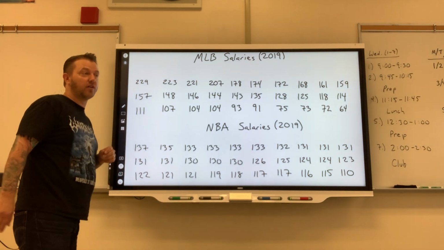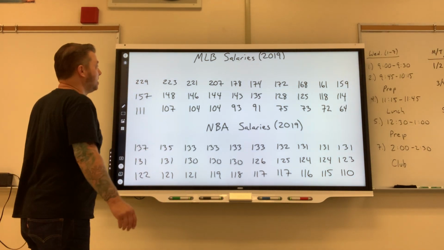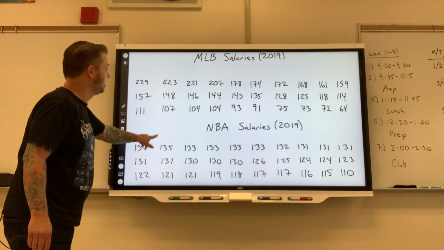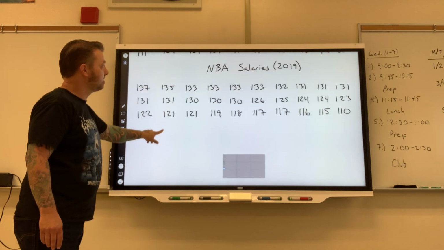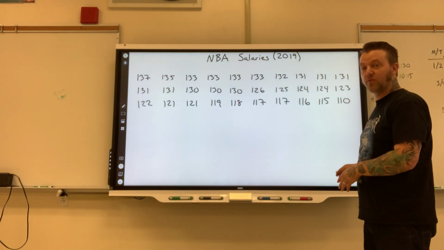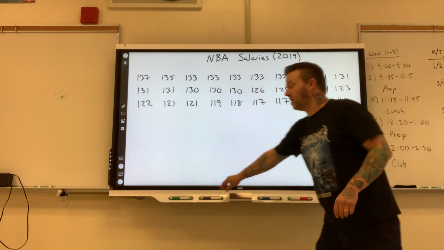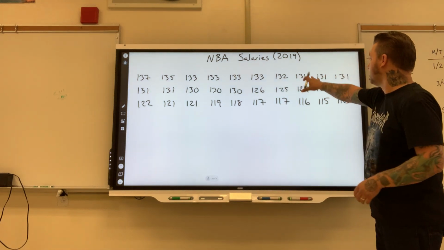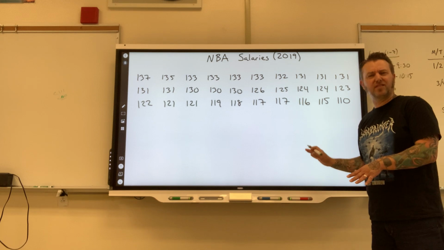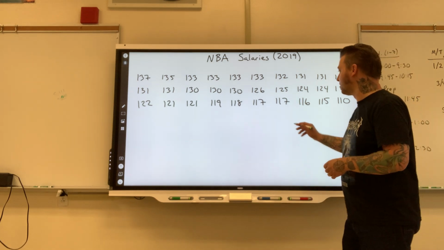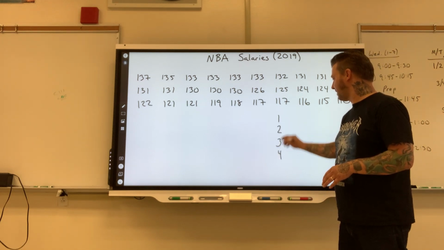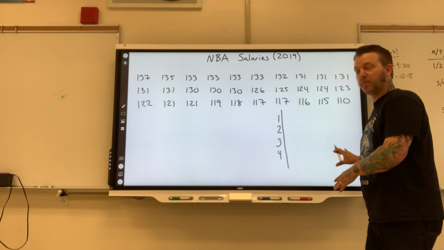So we're going to do what's called a stem plot. I'm just going to do a stem plot of NBA salaries, and then I will add to it the MLB salaries. Have you guys seen stem plots, also called stem and leaf plots, before? Basically what you do is you take the first number and then a whole bunch of the last numbers.